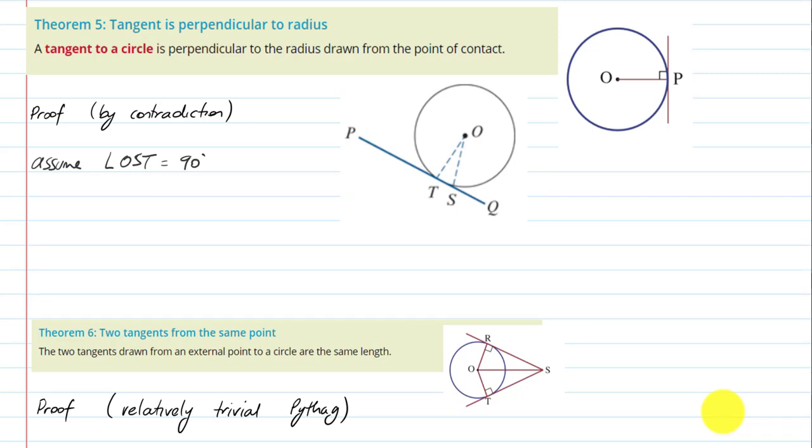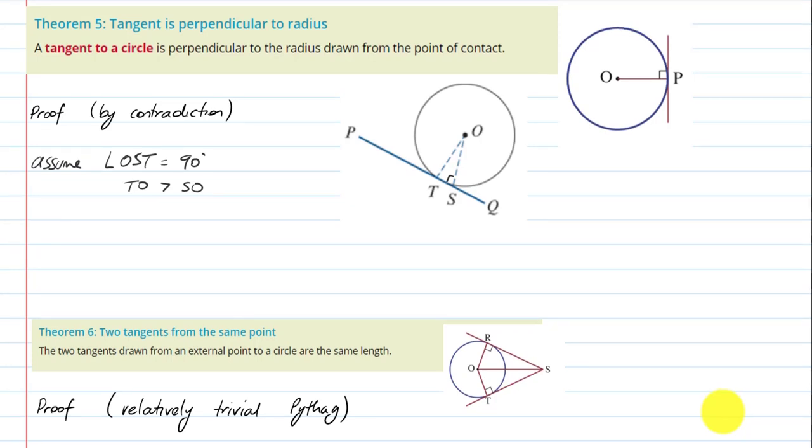Now, if OST equals 90 degrees, that makes TO the hypotenuse of a right angle triangle, and so therefore TO is greater than SO. SO is just one of the shorter lengths.